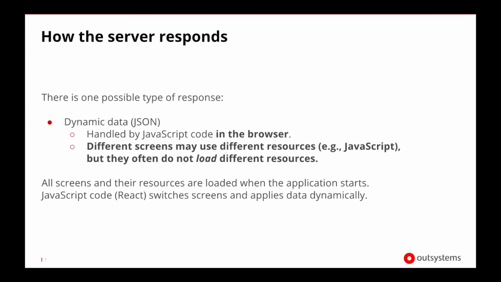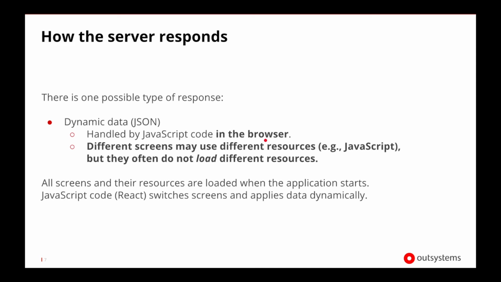Now, in this scenario, the server responds with only a single possible type of response, which is dynamic data. It's typically data encoded in a JSON format, which is required or typically used for REST web service calls. So this data is handled by JavaScript code in the browser.